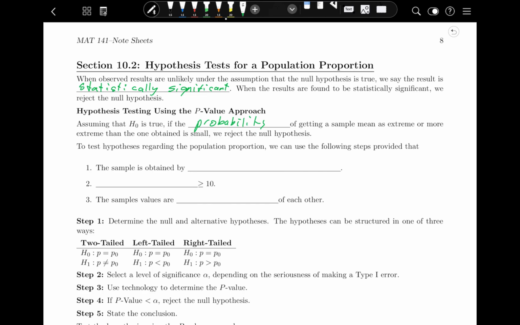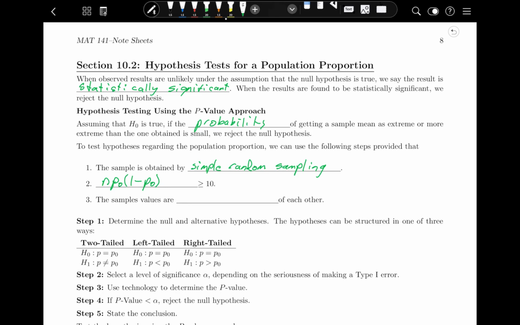So to test hypotheses regarding the population proportion, we can use the following steps, provided that we can use the sample proportion distribution that we talked about in chapter 8. To do that, we have to remember a few things to get that distribution. The sample is obtained by simple random sampling. We need to have this be a normal curve, so we need n times p0 times 1 minus p0 to be greater than or equal to 10.